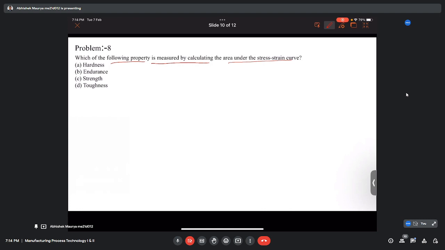So let's quickly make a typical stress strain curve. So the y-axis is sigma or stress, and the x-axis is strain or epsilon. So for most of the materials we get some shape like this, but there are other materials like iron.